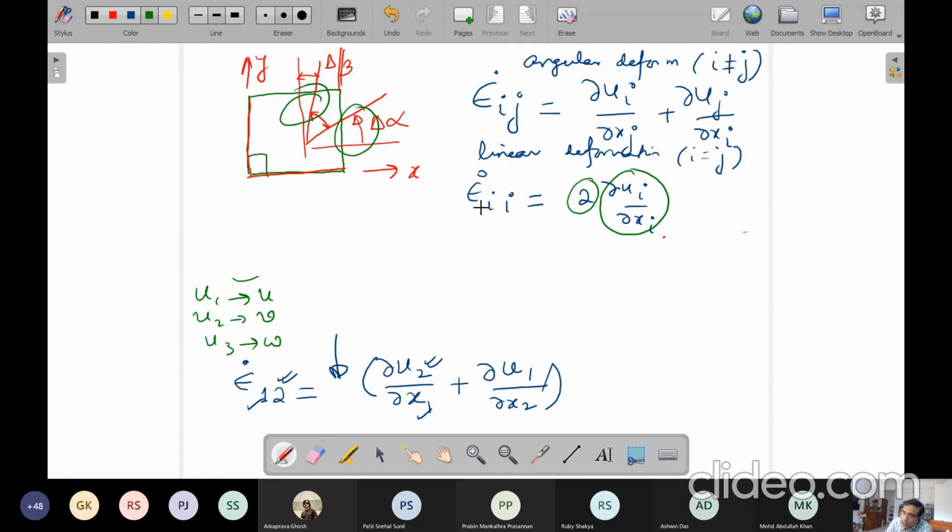So instead of this epsilon dot, we use a different symbol, E dot, just to distinguish between these two. So this is half of this one. So this is called the rate of deformation tensor. Now where the tensor thing comes, I will tell you.